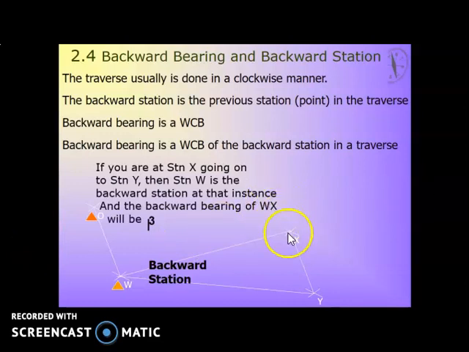Using the same idea, previously we were talking about the fact that you were at station X and you are going to station Y. Now, let's say the previous station before you were at station X was station W. If that is the case, then the backward bearing of the line WX will be beta, and beta will look something like this. So that is a backward bearing of the line WX.